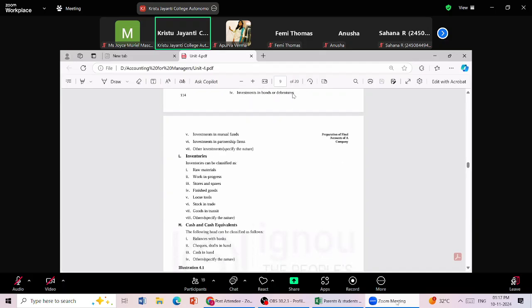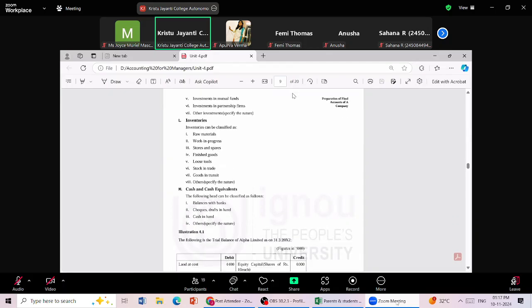Then under inventory, you have these items: raw material, work in progress, stores and spares, finished goods. And cash equivalents is balance with bank, cheque, draft, cash in hand, other items. All these items you can bring under the head called cash and cash equivalents.